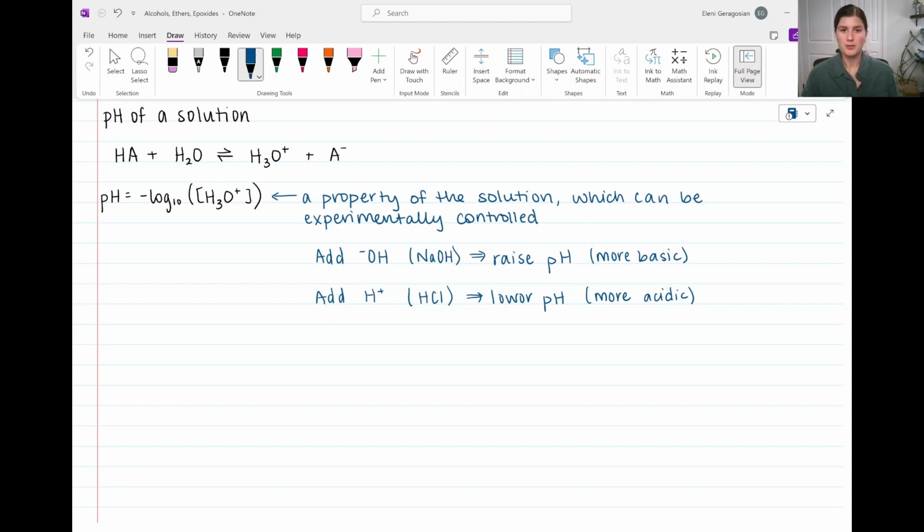Now, if you have a certain pH of a solution, that can impact how an acid will behave in that solution. So there's really three possible scenarios with an acid in solution.